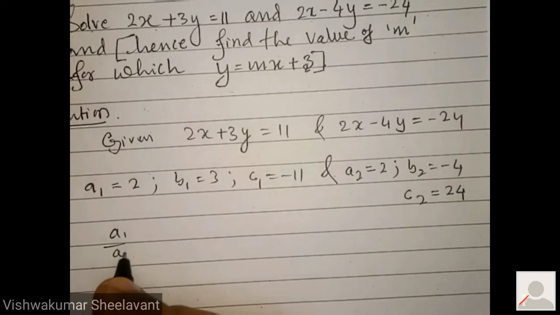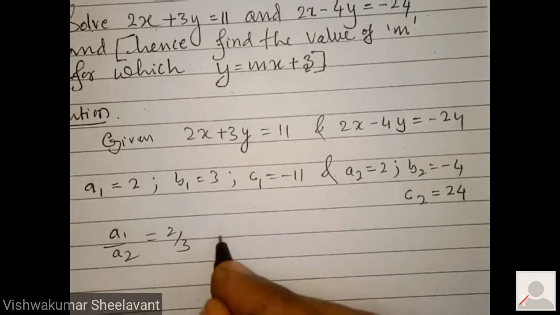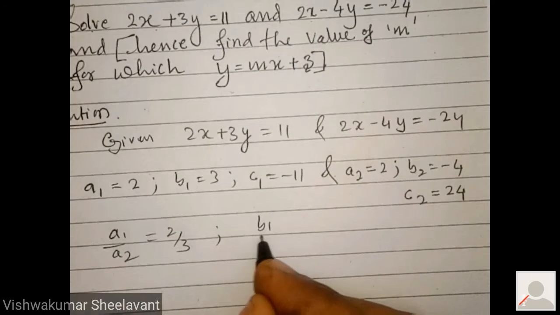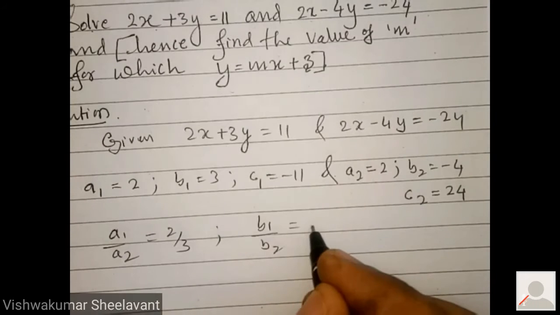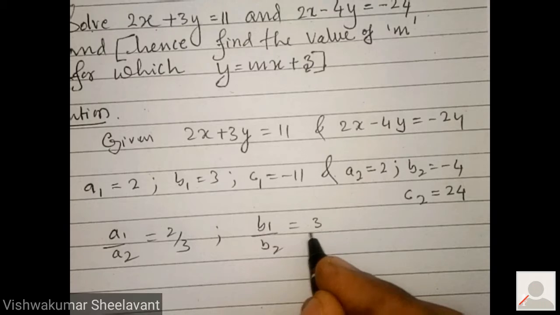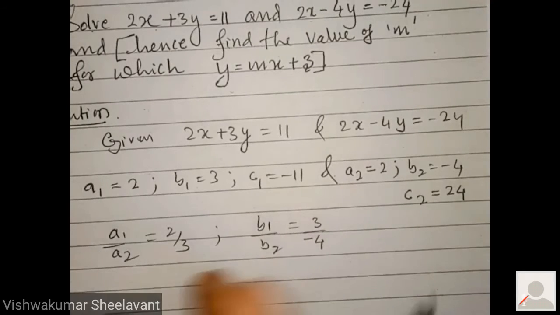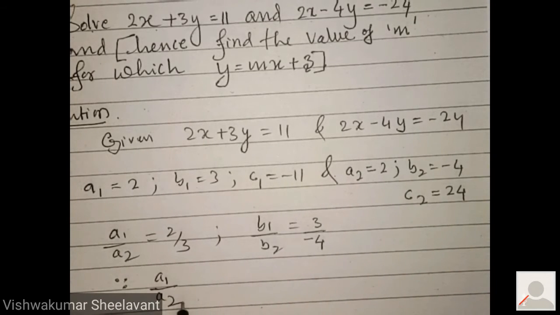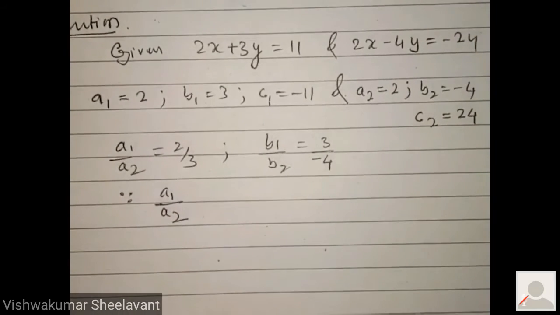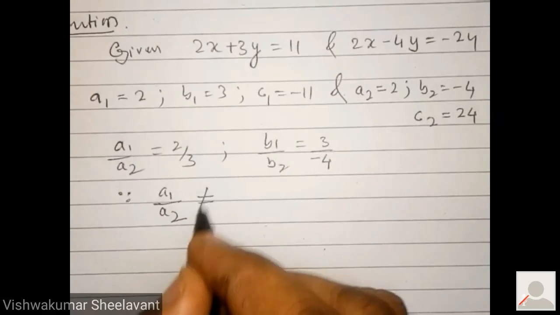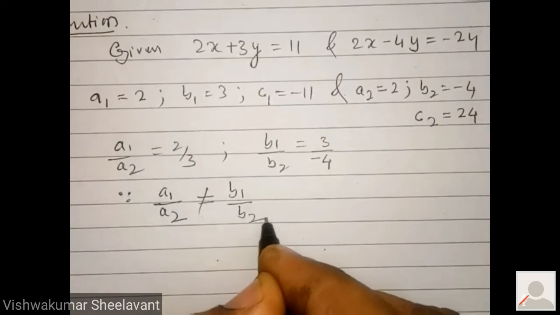Now calculate A1 by A2, 2 by 2, B1 by B2, 3 by minus 4. Signs are different. Since A1 by A2 is not equal to B1 by B2.